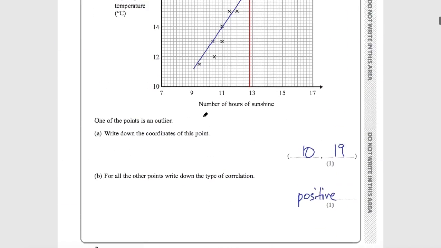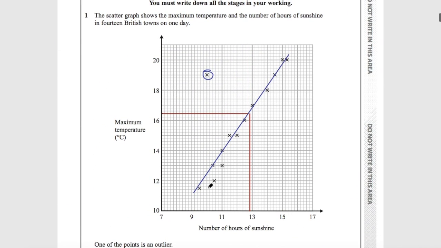But in this case we can safely say that the number of hours of sunshine is impacting the temperature because they are so closely correlated, and because most of the higher temperatures occur when there are higher numbers of hours of sunshine during the day.